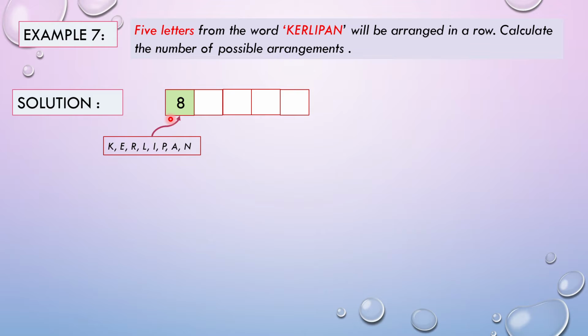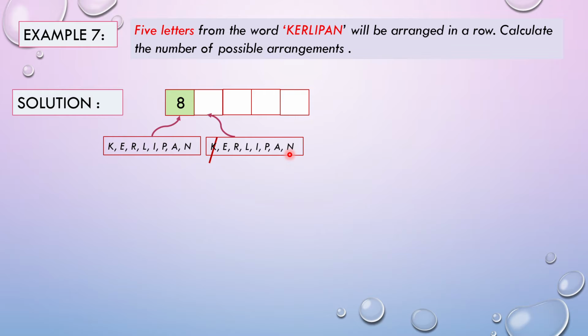Now for the second box, let's say we have already filled one letter in the first box. That means remaining we have only 7. Let's say letter K already occupied the first box, that means we have another 7 letters left.